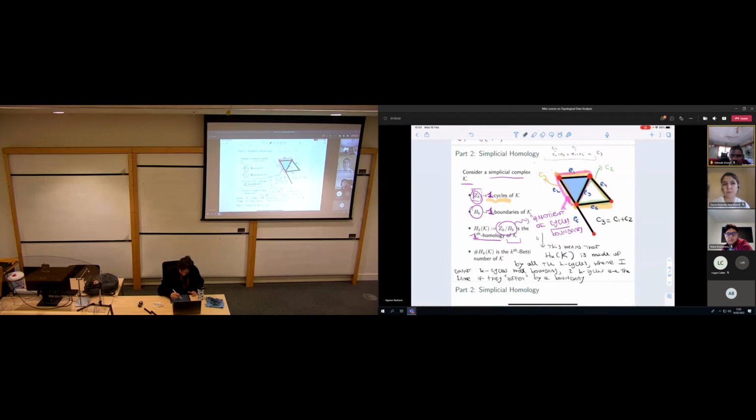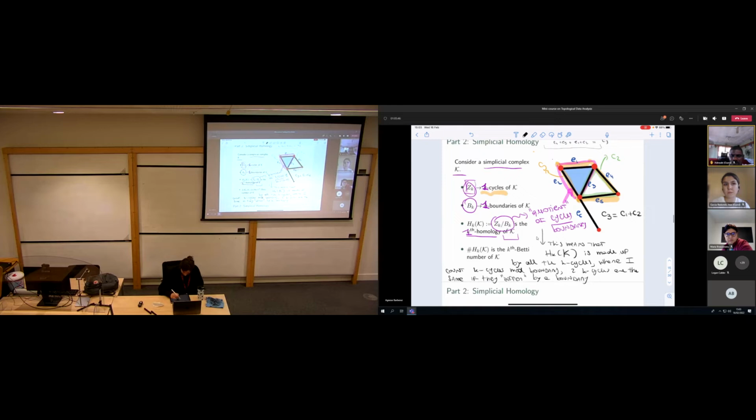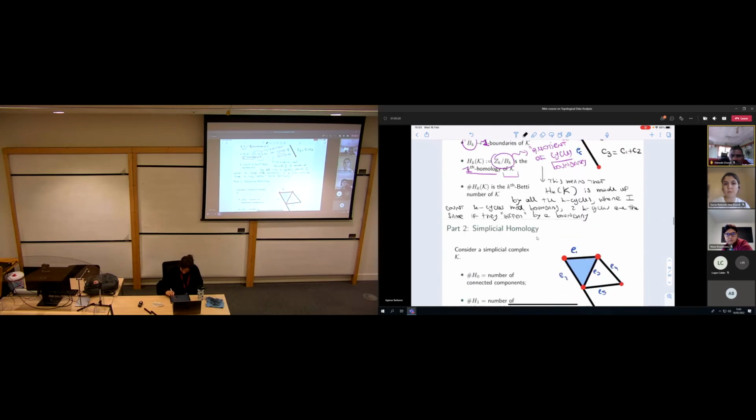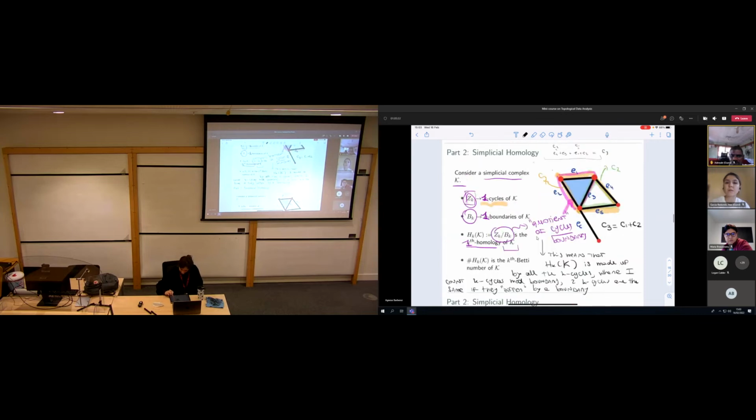Under this definition, if we look at H1, so the first homology, the number of one-cycles mod this equivalence relation, this is going to be a set made up by a single cycle that can be represented by the cycle C2.